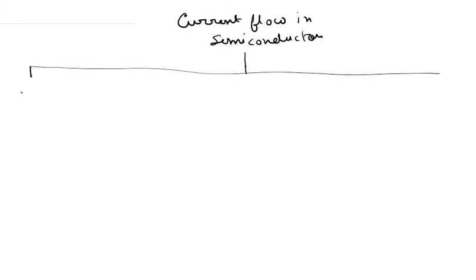Or let us say you apply an electric field and the holes start moving in response to the electric field, because I repeat again that holes have a positive charge. This kind of current that flows due to the electric field is known as the drift current.